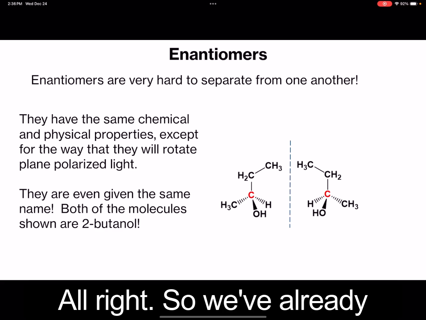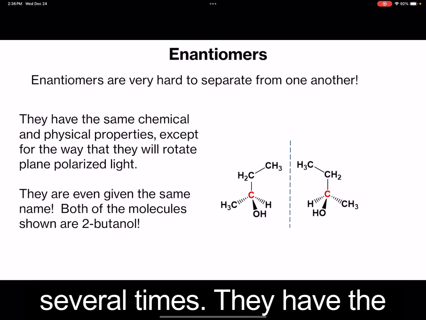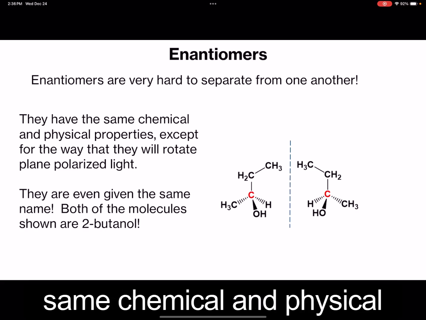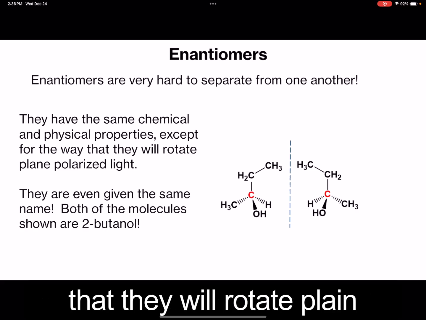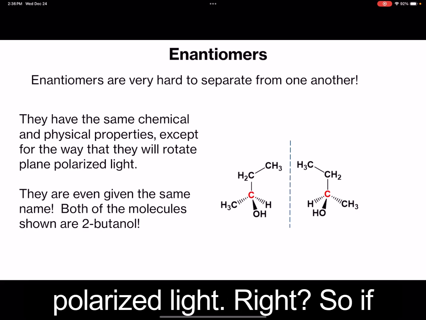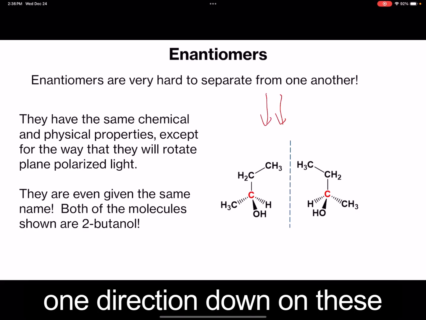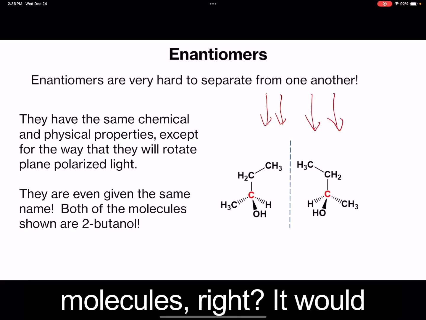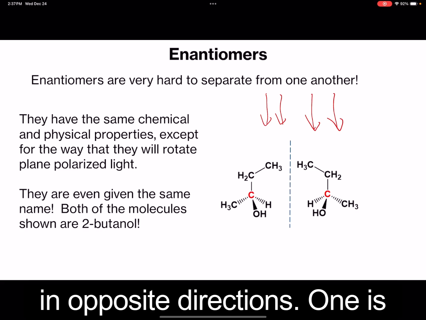All right, so we've already talked about enantiomers, and we've seen this one now several times. They have the same chemical and physical properties, except the way that they will rotate plane polarized light, right? So if we shined light only moving in one direction down on these molecules, it would rotate that light when it hits it in opposite directions.